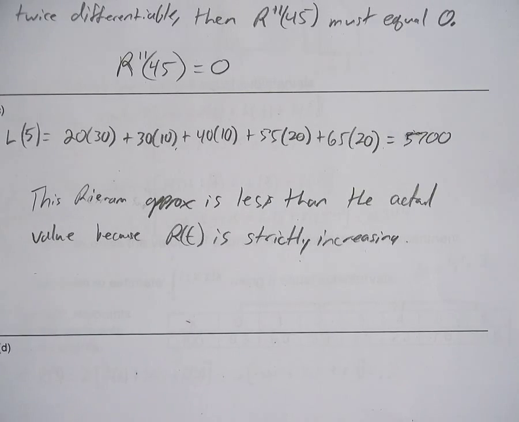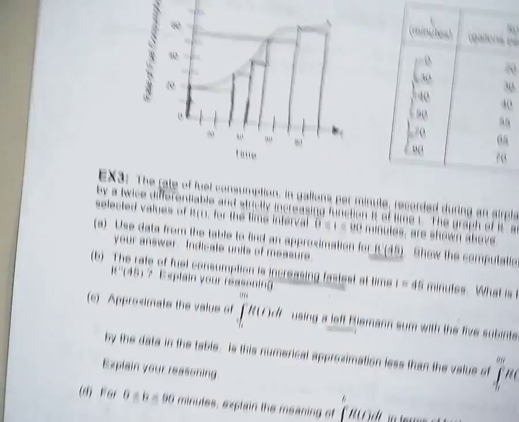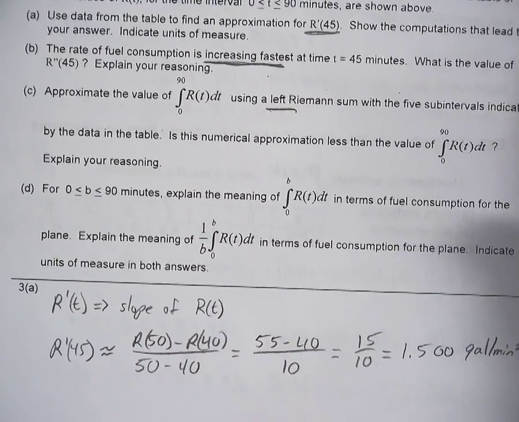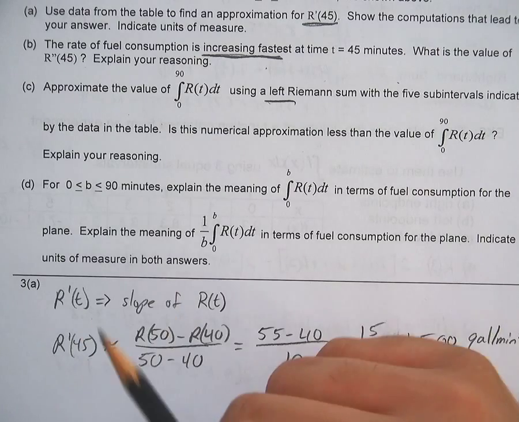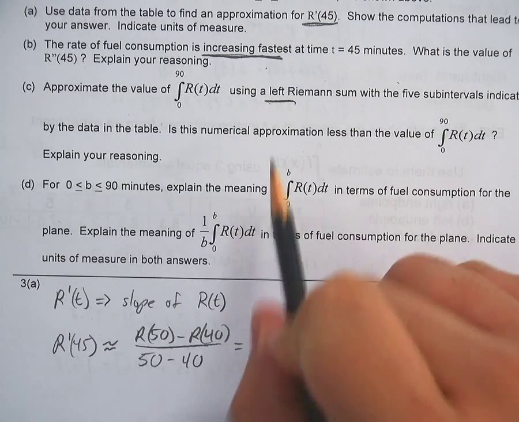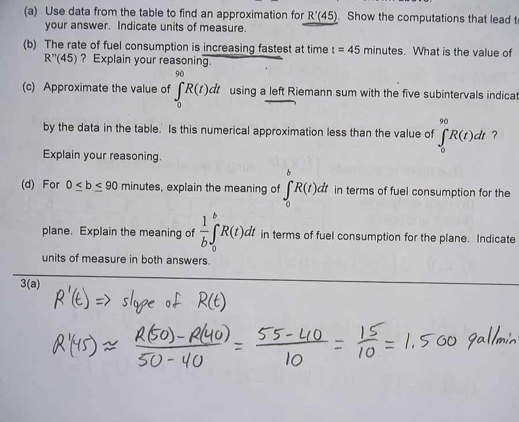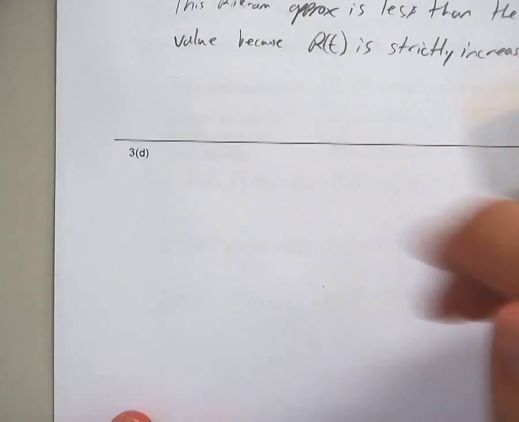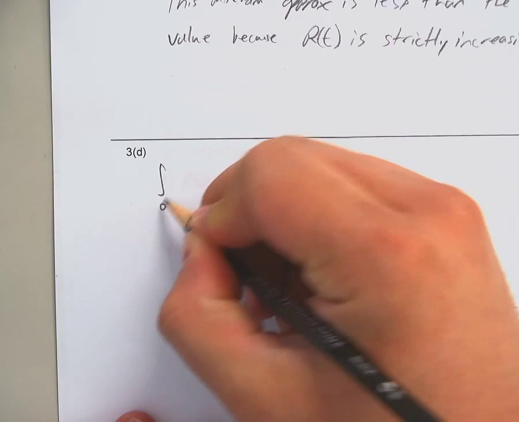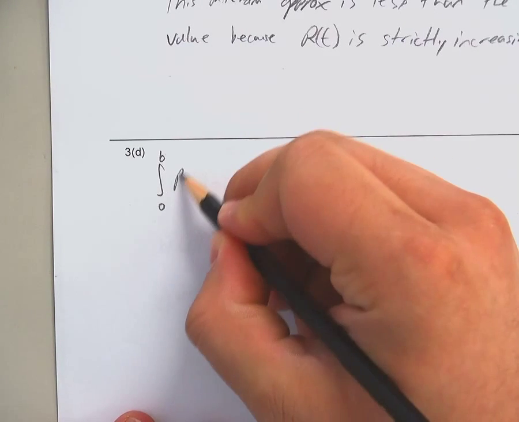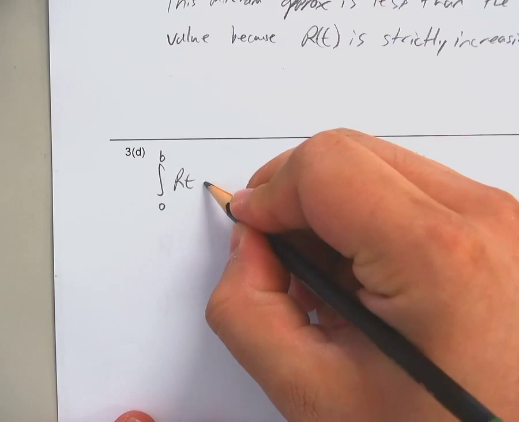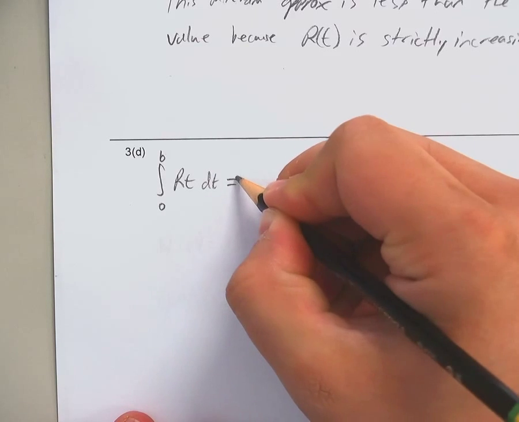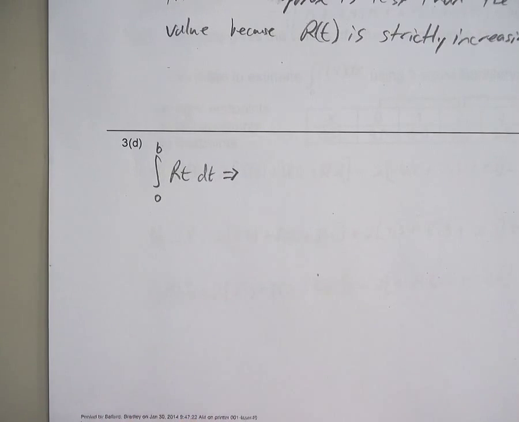Okay, I'm trying to wrap this up before the 30-minute mark. I apologize for the length again, but last question, and this one is an awesome question. D says, for 0 to 90 minutes, explain the meaning of the integral from 0 to b in terms of fuel consumption for the plane. The integral from 0 to b of r of t dt. What does this mean?